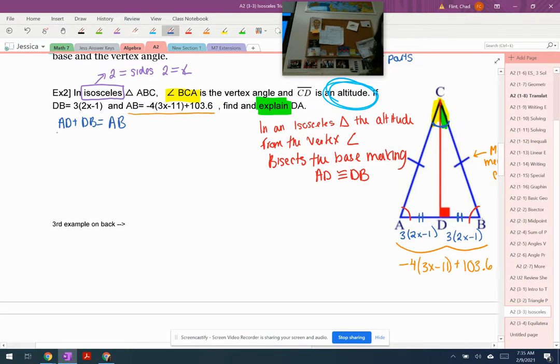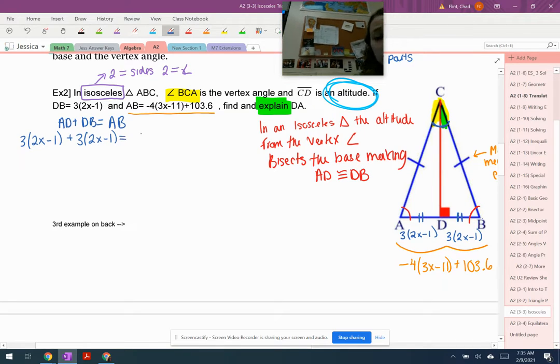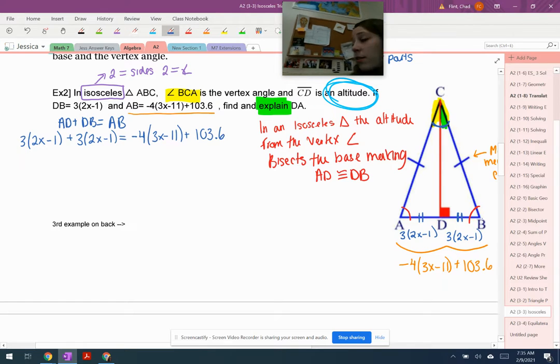So 3 times 2x minus 1 plus 3 times 2x minus 1 is equal to negative 4 times 3x minus 11 plus 103.6.